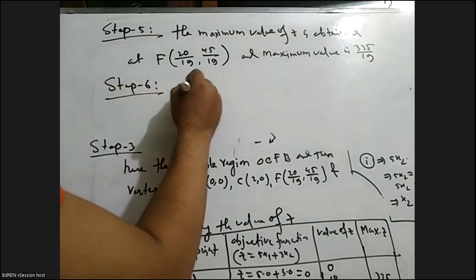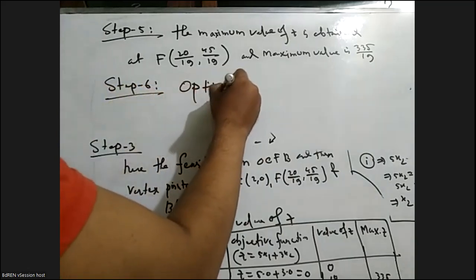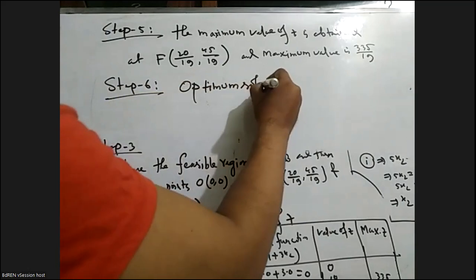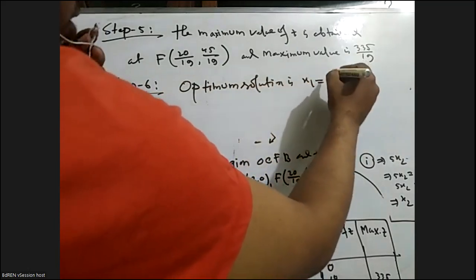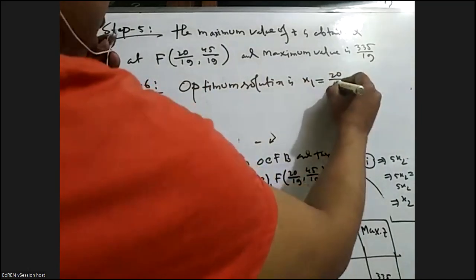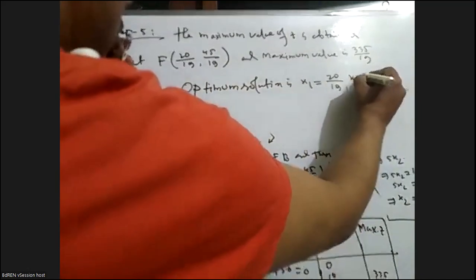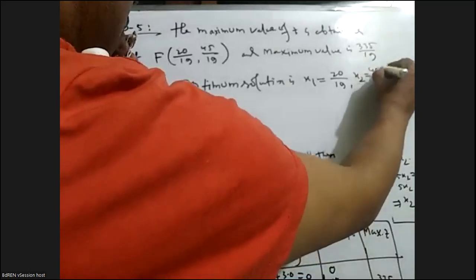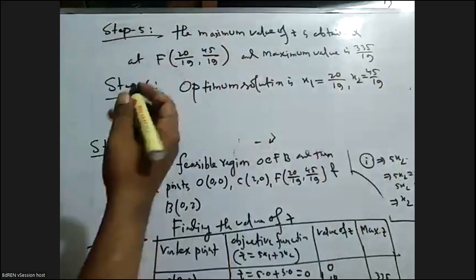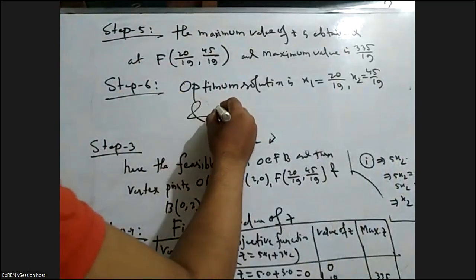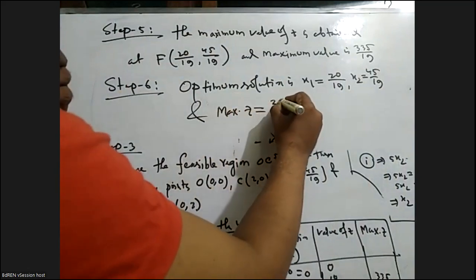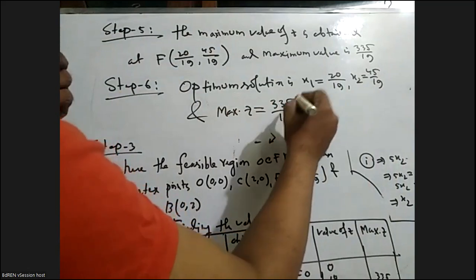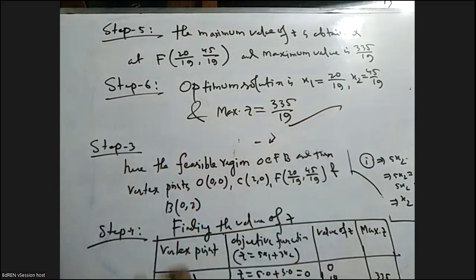The optimum solution is x1 equals 20 by 19 and x2 equals 45 by 19, and max z equals 335 by 19. This is actually the result for us.